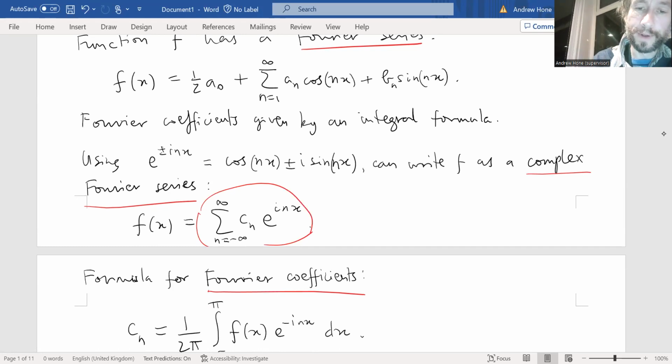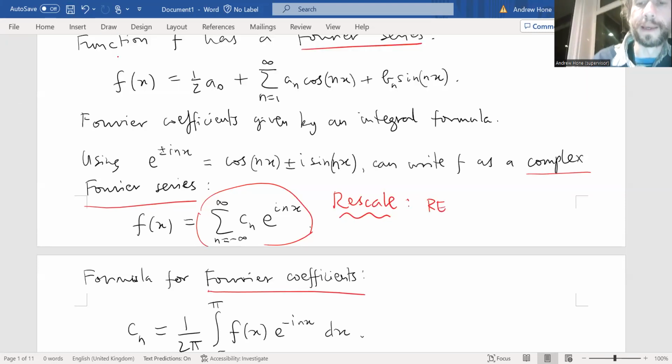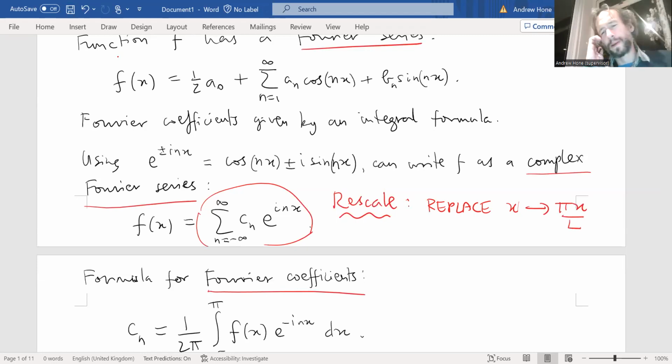So what I want to do is rescale. What I want to do is replace x with pi x over L in each of these exponentials on the right-hand side.